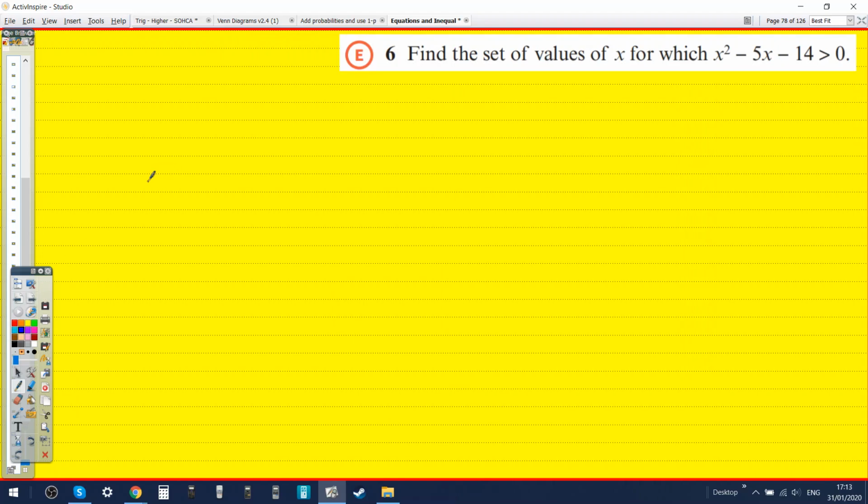Alright, let's try this one. 2 and 7, so I'd say -7 plus 2. So x equals 7 or -2.